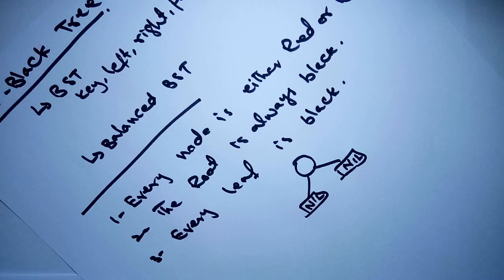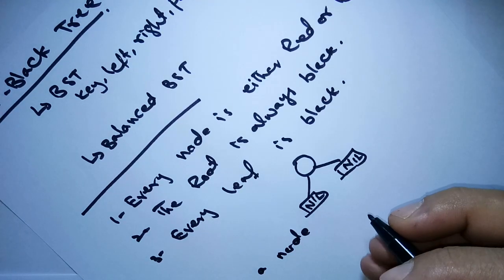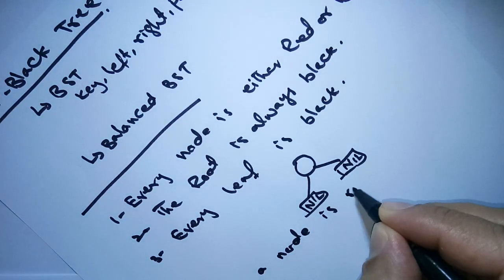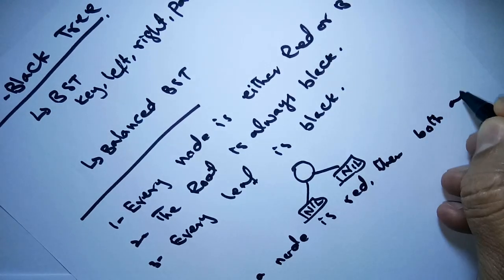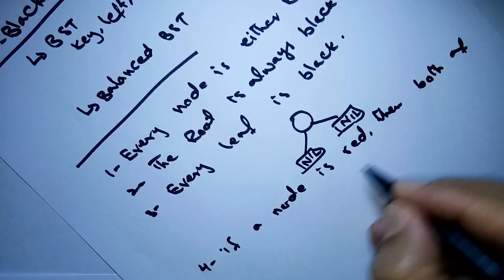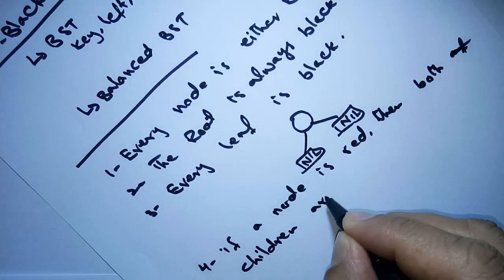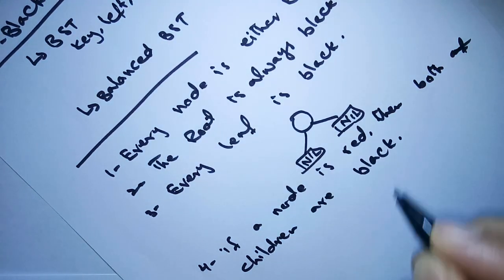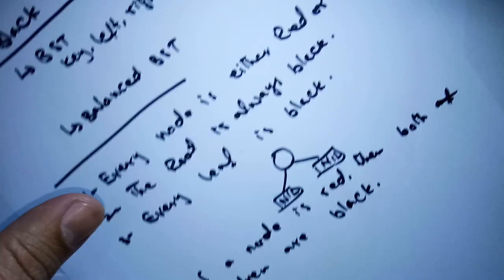Rule number 4 is, if a node is red, then both of its children are black. That means a red node cannot have any red child, right? So if a node is red, then all the children are black.